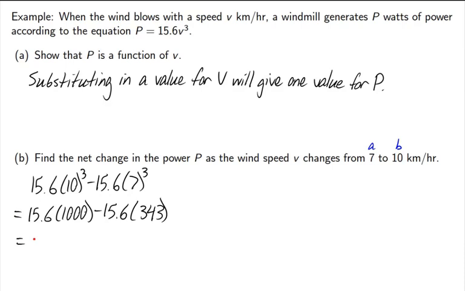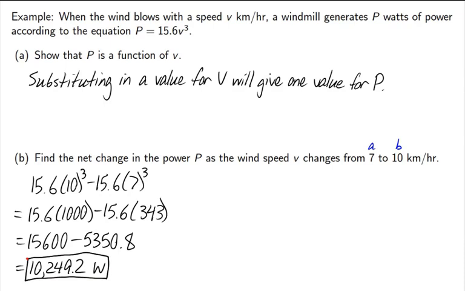So I get 15,600 minus 5,350.8. And so finally when I subtract those, I get 10,249.2. And my units are watts, which is usually represented with a capital W.